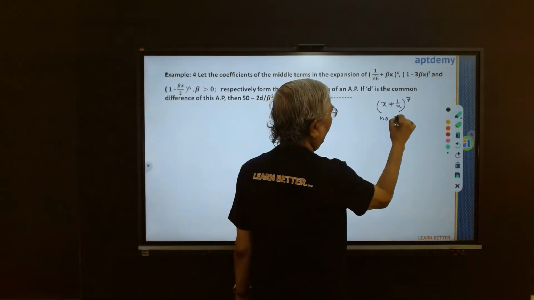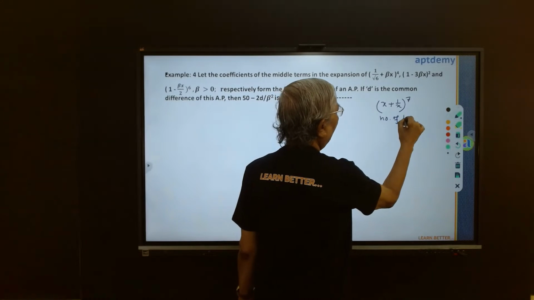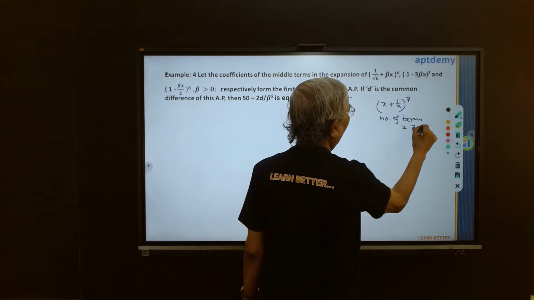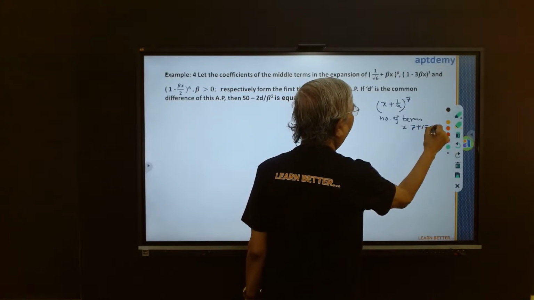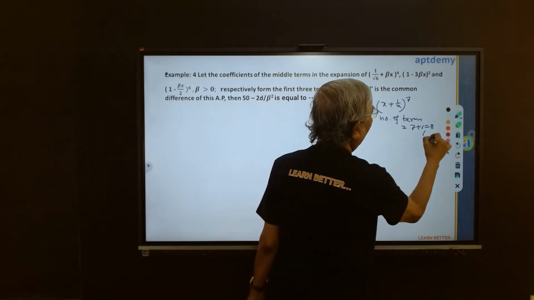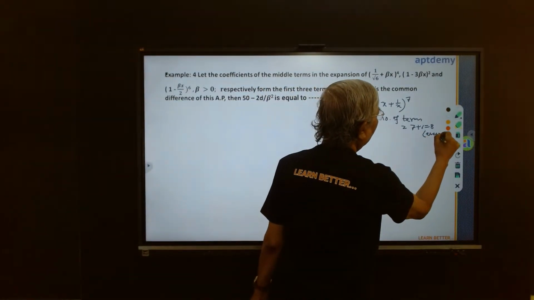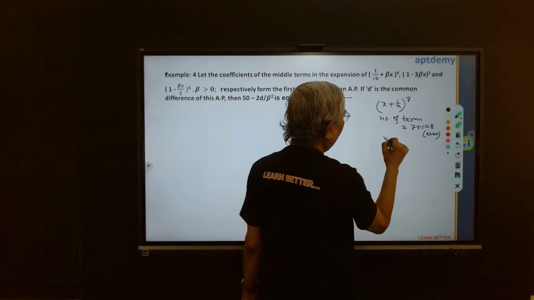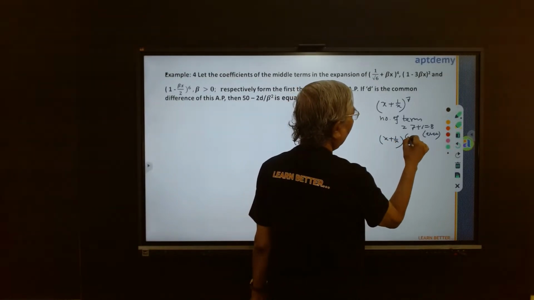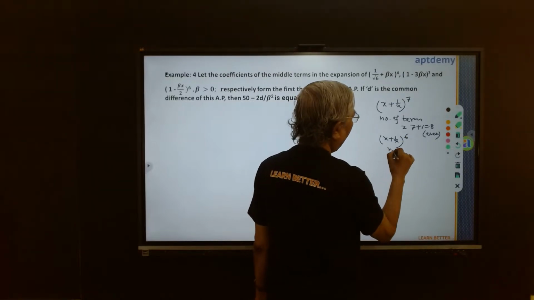The number of terms will be 7 plus 1, that is equal to 8. This is our even number. If the expansion is (x plus 1 upon x) whole to the power 6, what is the number of terms?